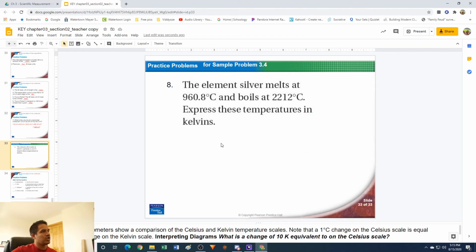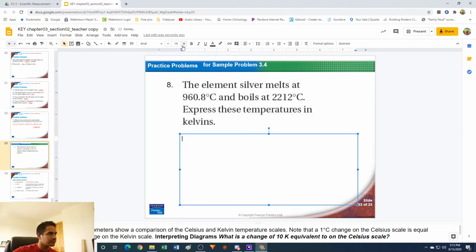All right, number 8, the element silver melts at 960.8 degrees Celsius and boils at 2,212 degrees Celsius. Express these temperatures in Kelvin. So all we're going to do is convert this from Celsius to Kelvin, which is pretty simple because all we have to do is add 273. So 960.8 plus 273 equals 1,233.8 Kelvin.